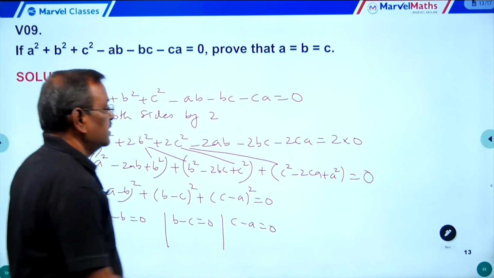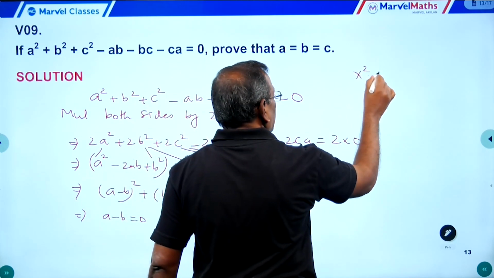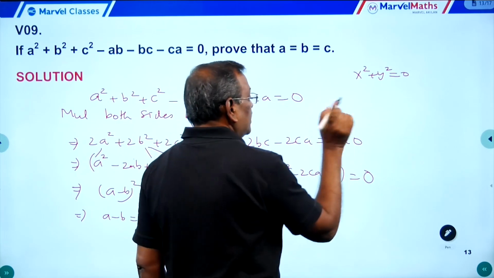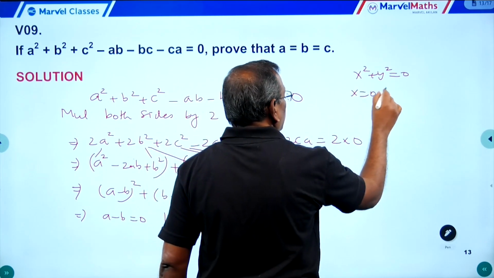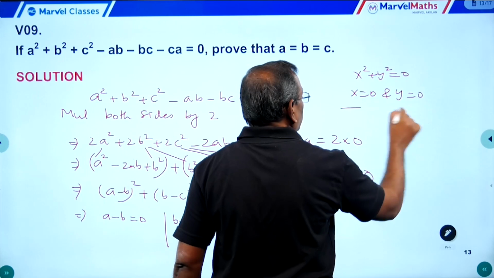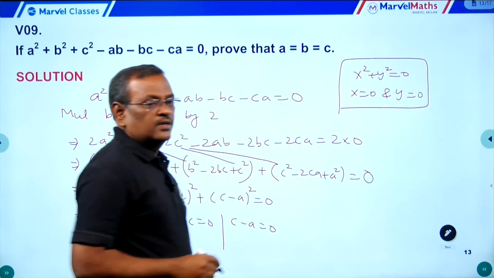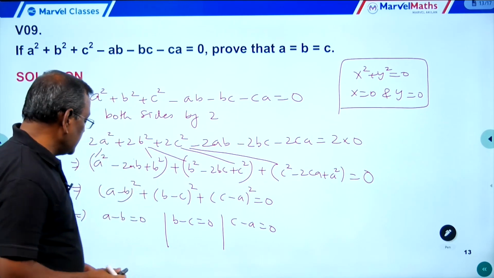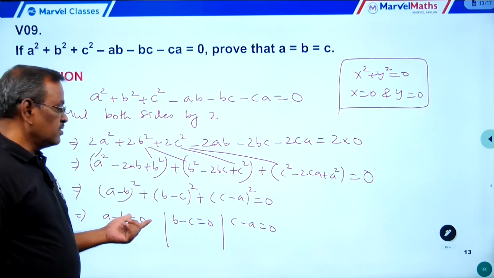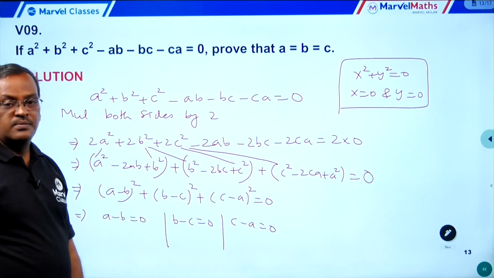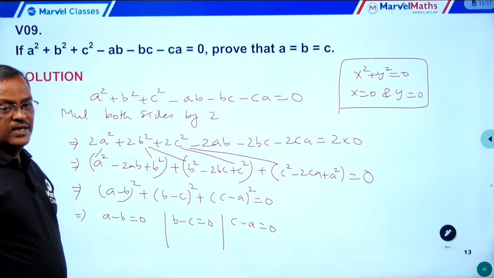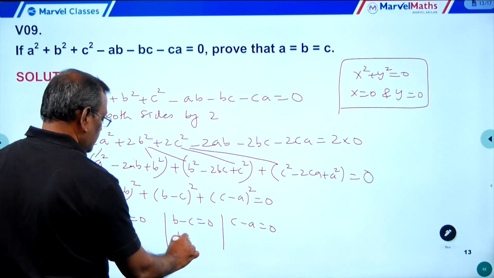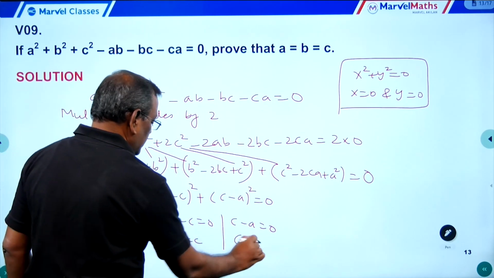How? I will explain. x square plus y square equal to 0 means only when x equal to 0 and y equal to 0. Our x and y are real numbers, this is possible only when both are 0. Similarly here, square of first term plus square of second term plus square of third term is 0 means the value of each term is always 0, which implies a equal to b, b equal to c and c equal to a.